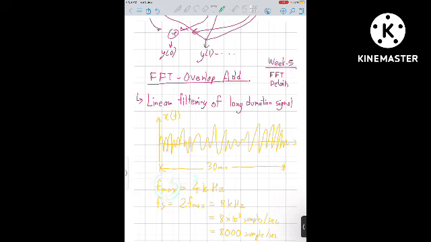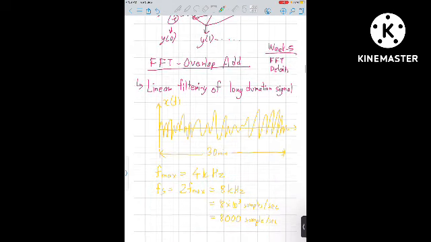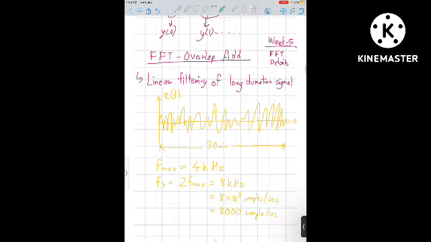So our speech is limited to 4 kilohertz, and let's say I am sampling it at just the Nyquist rate, although I should do it at more, so 8 kilohertz, meaning 8 times 10 to the power 3 samples per second. In 1 second I will have 8000 samples.